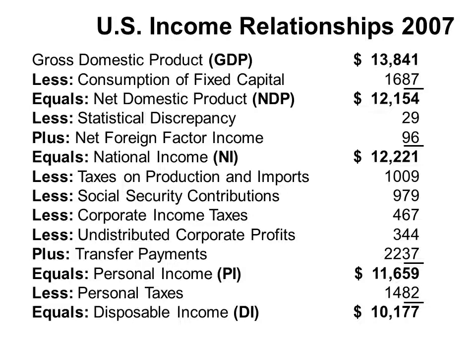So of the $13.84 trillion worth of economic activity which took place in 2007, 73.5% was left over as disposable income.